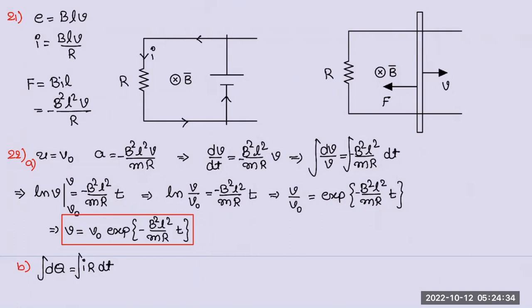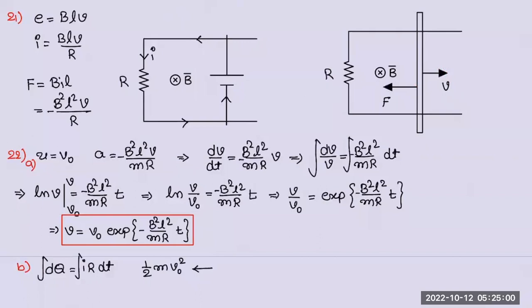You can see that the rod will slow down and come to rest, right or wrong? So initially the rod is having kinetic energy half m v naught square. So this is the heat liberated. As the rod goes forward, it is decreasing its energy and the energy is liberated in the form of heat.